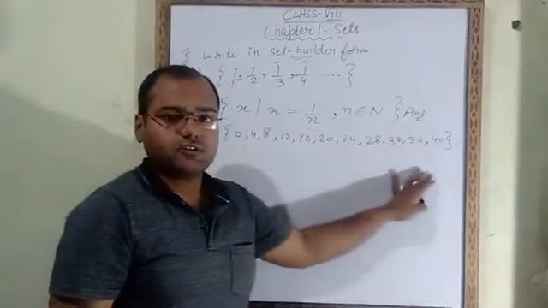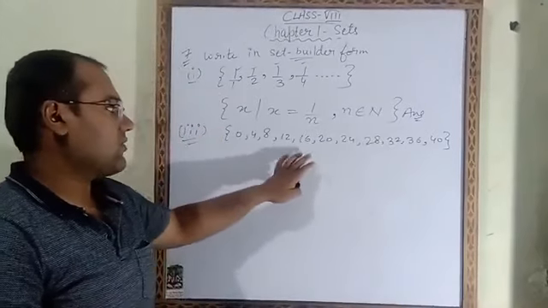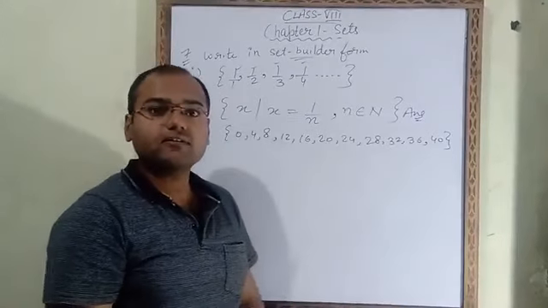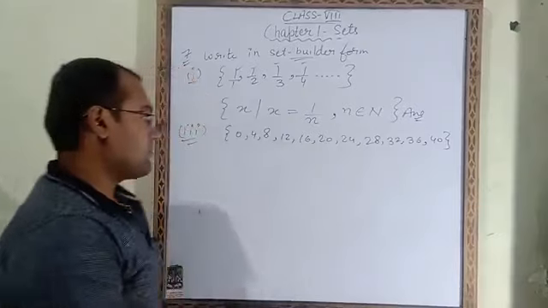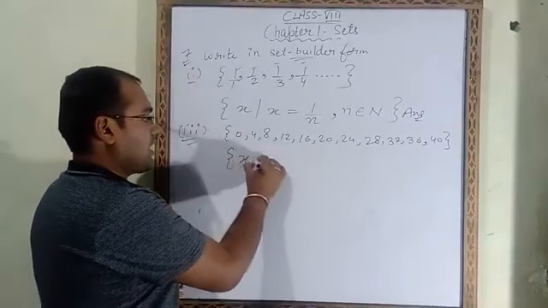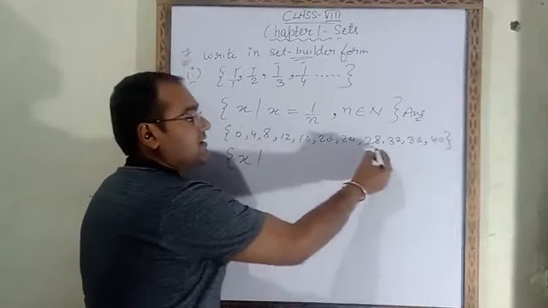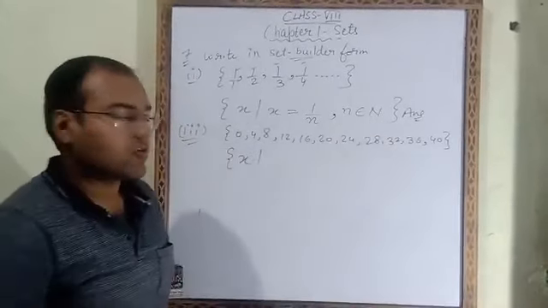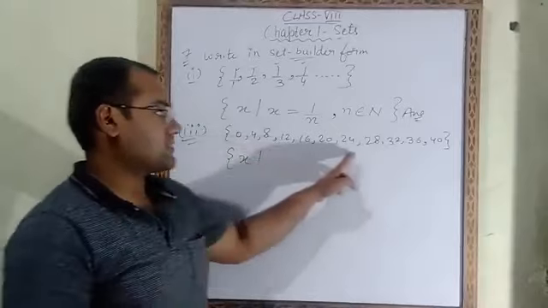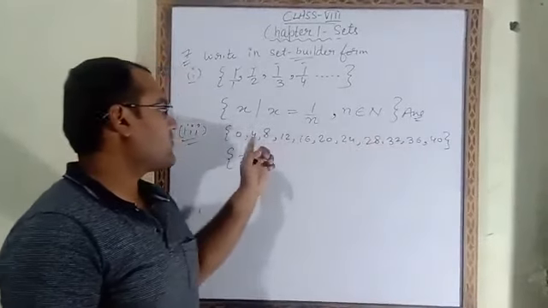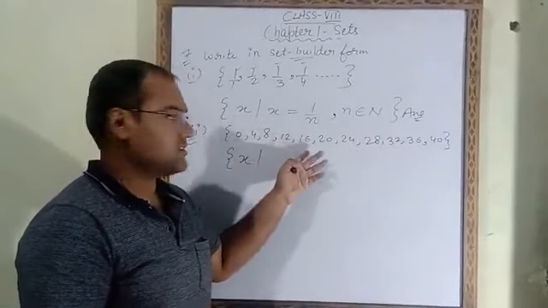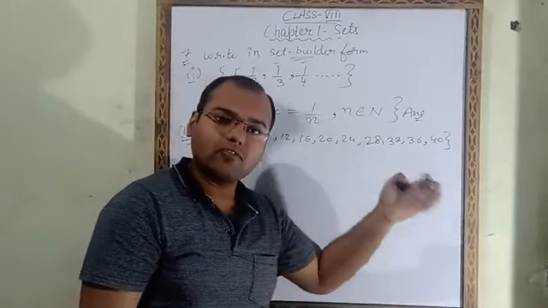So this is the question. This is tabular form and we have to write in set builder form. Beginning x such that. Now what are these? These numbers are the multiples of 4. 4 1 is 4, 4 2 is 8, 4 3 is 12, 4 4 is 16. These all numbers are coming in the table of 4.